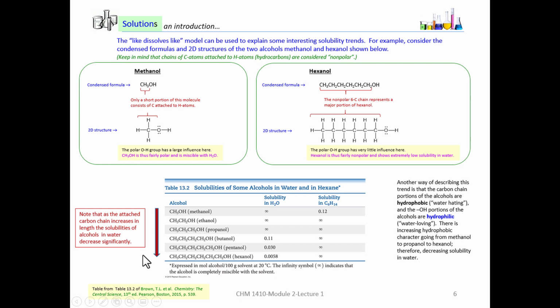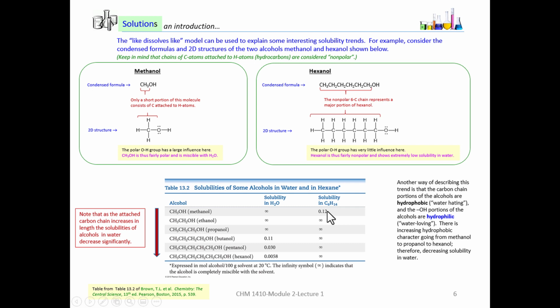Another way of describing this trend is that the carbon chain portions of the alcohols are hydrophobic, which literally means water hating. And the OH portions, the hydroxyl end of the alcohols, are hydrophilic, meaning water loving. So there is increasing hydrophobic character, increasing carbon chain character, going from methanol to propanol to hexanol, thereby decreasing the solubility in water.